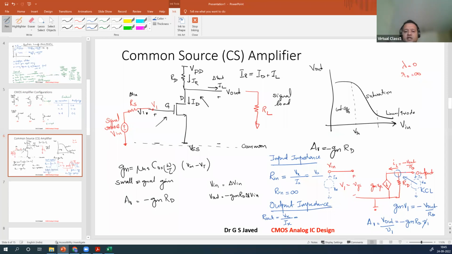What is the Vx that you're seeing? V out. What is the current that you're seeing? Minus V out by RD. So if you equate that, you will end up with RD being the output impedance. So whatever is the drain impedance that you see, that will be the output impedance that is present here. So this is the total impedance that is observed.